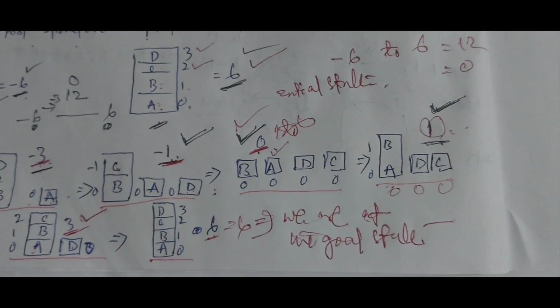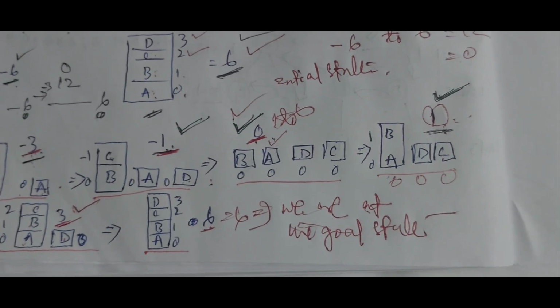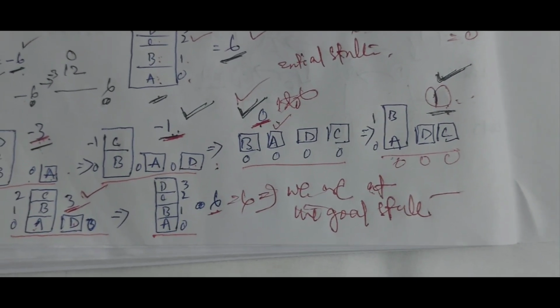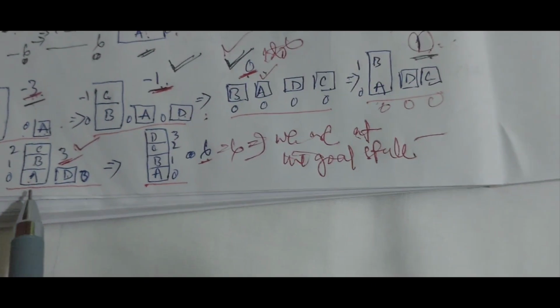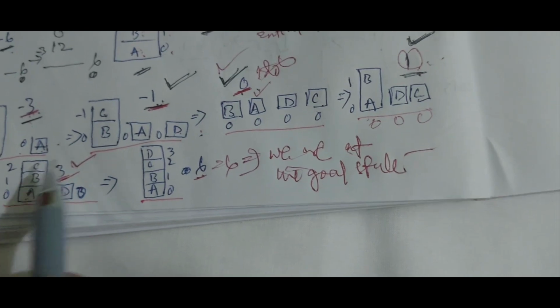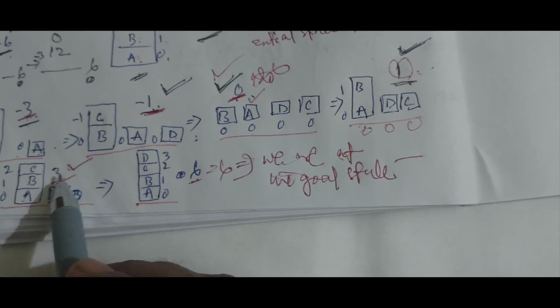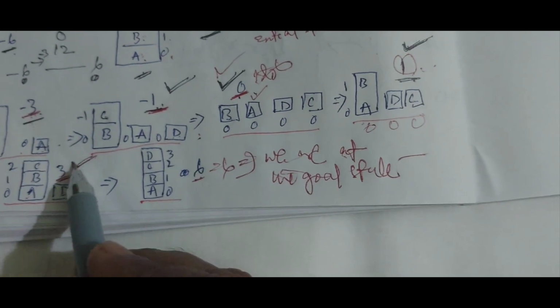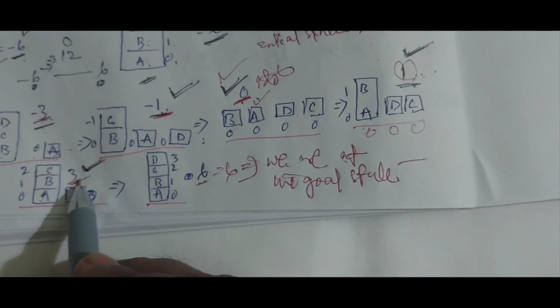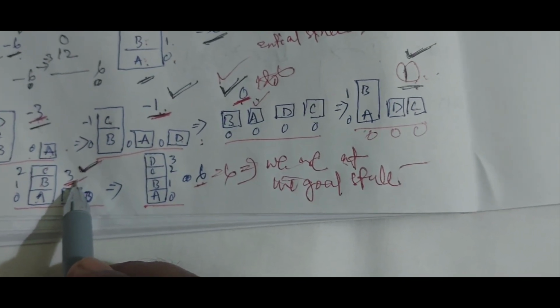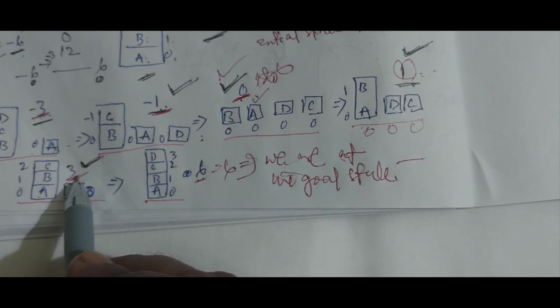Any other combination will give you the wrong result. Similarly, A, B, C, D: C will be over this one. Then my result is 3, which is close to 6. So we are in the right direction of reaching the goal state.